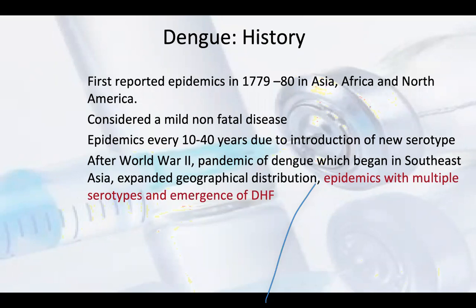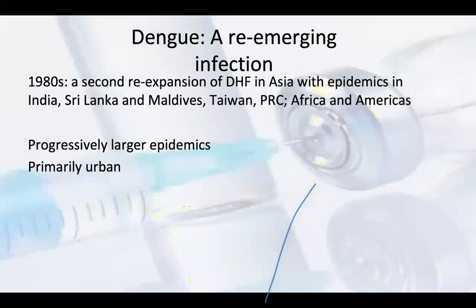After World War II, a pandemic of dengue began in Southeast Asia, with expanded geographical distribution, epidemics with multiple serotypes, and emergence of dengue hemorrhagic fever. Re-emerging in 1980, a second re-expansion of dengue hemorrhagic fever in Asia with epidemics in India, Sri Lanka, Maldives, Taiwan, China, Africa, America, and Pakistan.